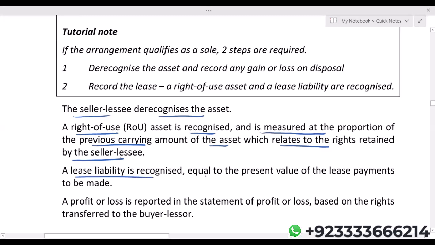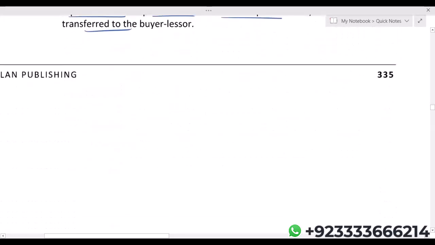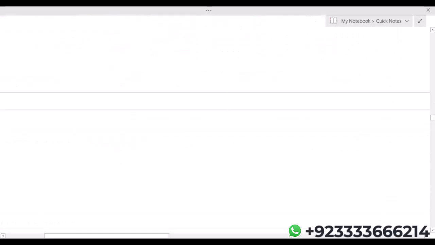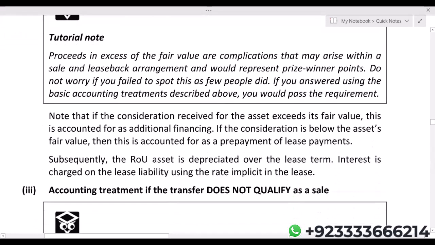A lease liability is recognized equal to the present value of lease payments to be made. A profit or loss is reported in the statement of P&L based on the rights transferred to the buyer lessor. Note that if the consideration received for the asset exceeds its fair value, this is accounted for as additional financing.